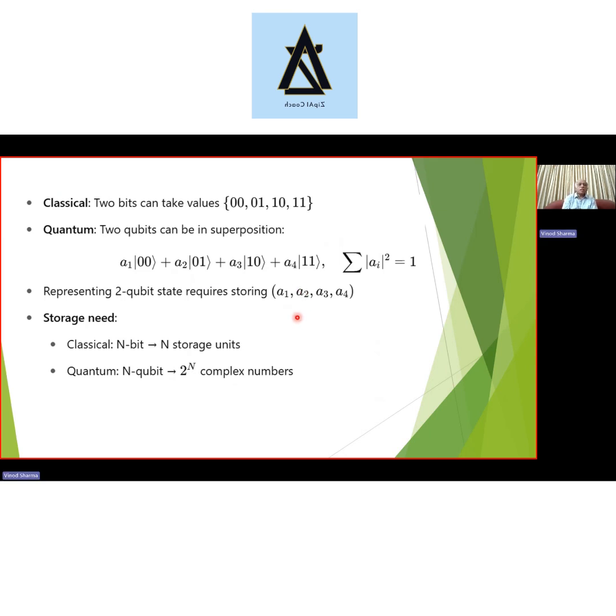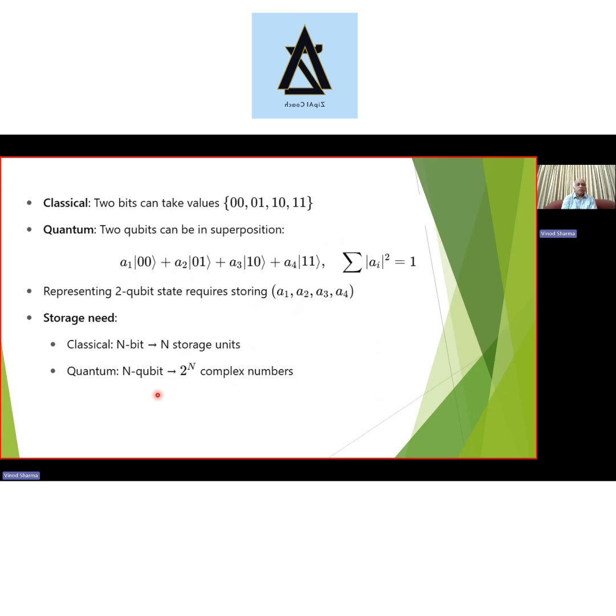Now, looking at this 2-bit system and 2-qubit system, the classical 2-bit system state requires 2 bits to store. It is in one of these states and you can store it in 2 bits. The quantum 2-qubit system requires these 4 numbers to be stored, each of which is a complex number. So in the n-bit classical case, you need n storage units.